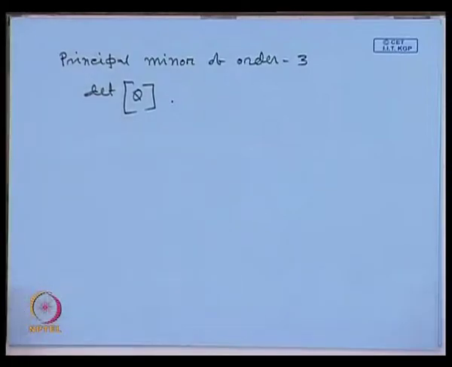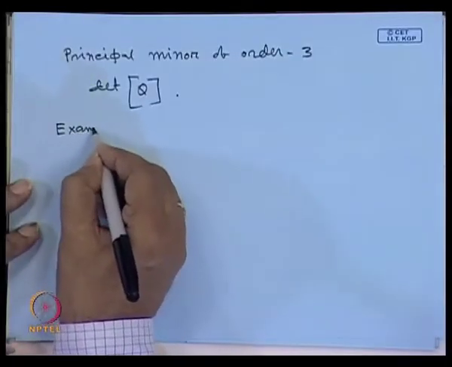So, I know how to find out the leading, sorry, not leading, principal minors of a matrix Q. Agree? So, now let us take one example, a quadratic function example.